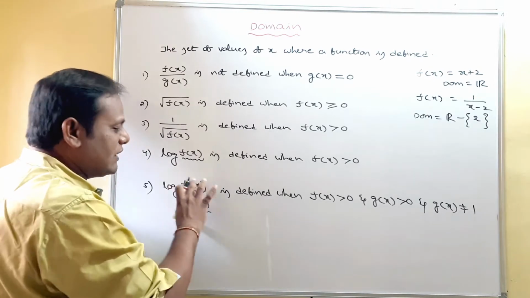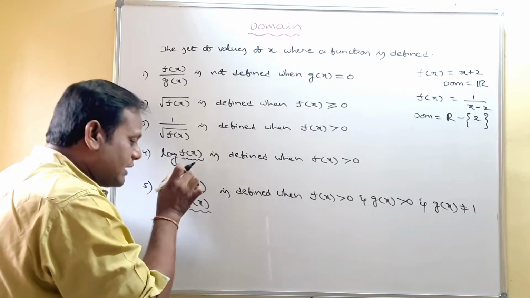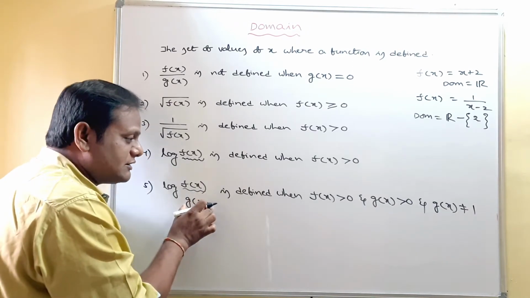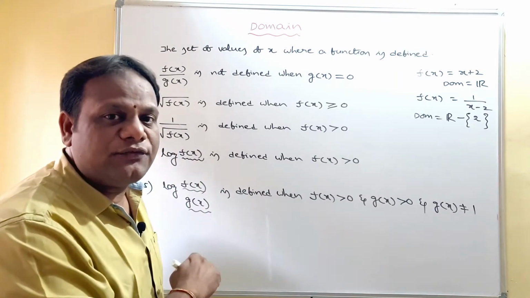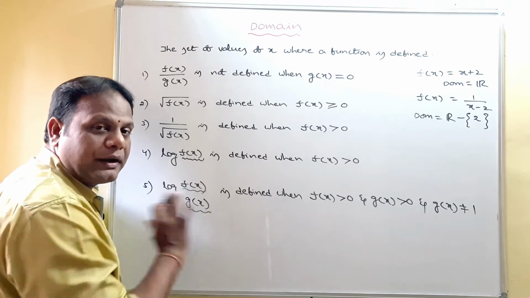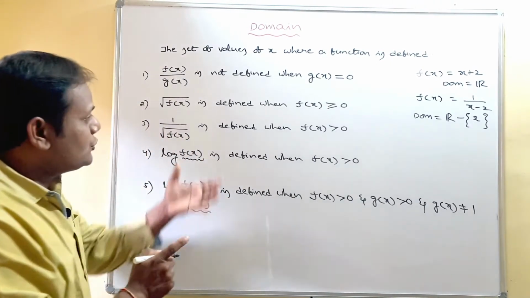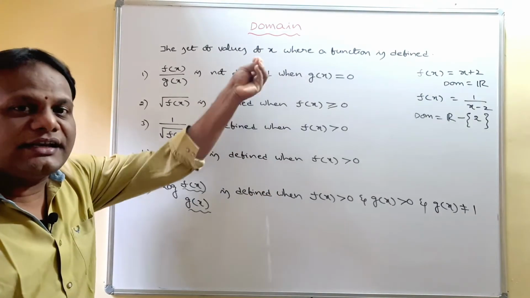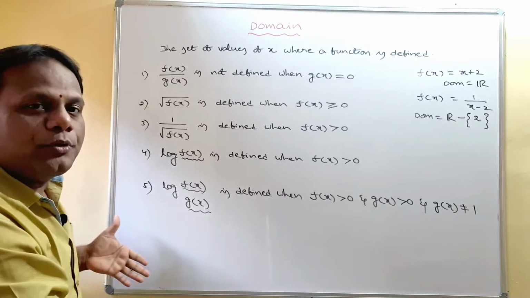So this function is defined when f of x is greater than 0 and base g of x is also greater than 0, and one more important point is base is always positive but it can never be 1. So to answer the questions related to domain, you must know these 5 points.